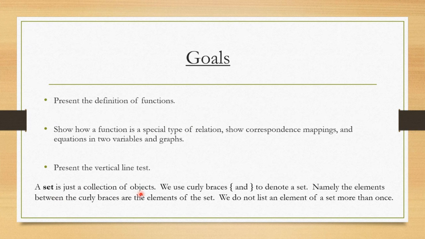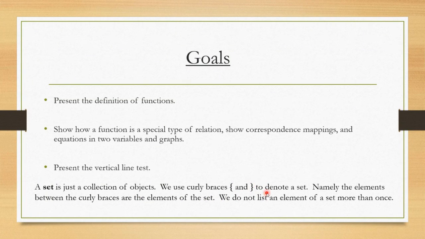The book goes a lot more into set theory than I would want it to. Not to say you can't handle it, but I just think it goes more into it than it should. We do use curly braces for sets. And really the way we're going to write out what a set is, we're just going to list all the elements.